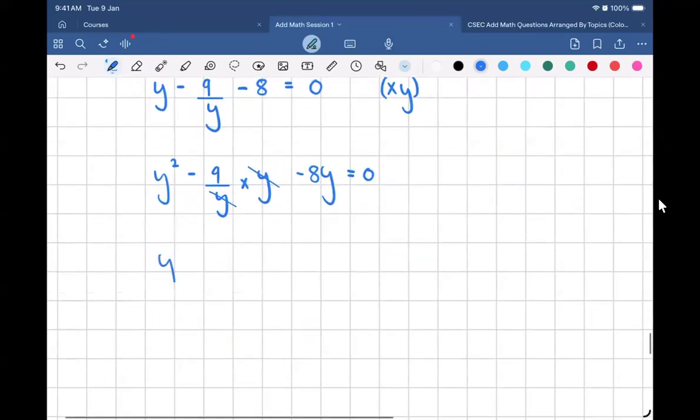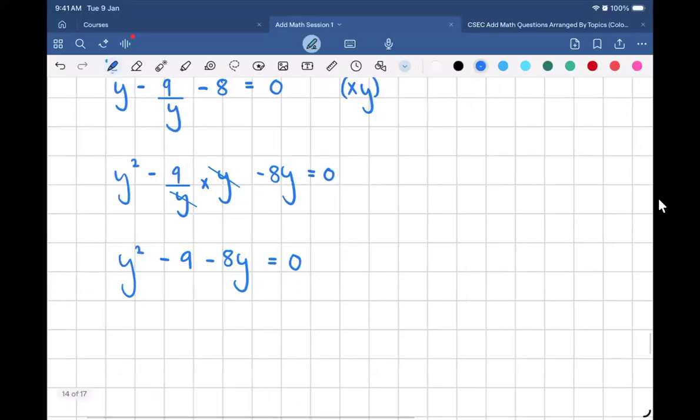So we have y squared minus 9 minus 8y is equal to 0. I know that you are accustomed to seeing x, but it's the same thing when you have y. Ultimately, we have something in the form ax squared plus bx plus c. Serena, tell me if you're having a hard time seeing what I'm talking about. No, I could see it. All right.